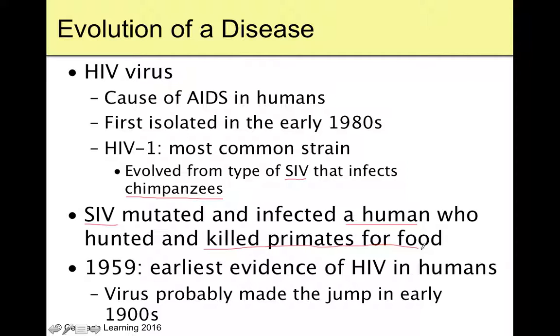That's a pretty common thing in developing countries, to kill and butcher primates as food. And if you've ever cleaned your own wild game, rabbit or deer or fish or whatever you're catching and killing in the field, it's a bloody process, and you can cut yourself, and you're most certainly cutting the animal you killed. And so it's possible to transmit a virus from the animal you are butchering to your blood.